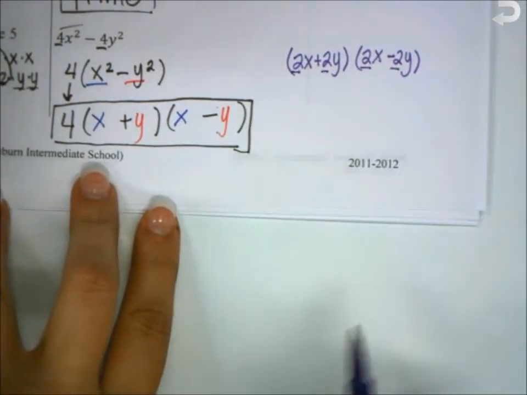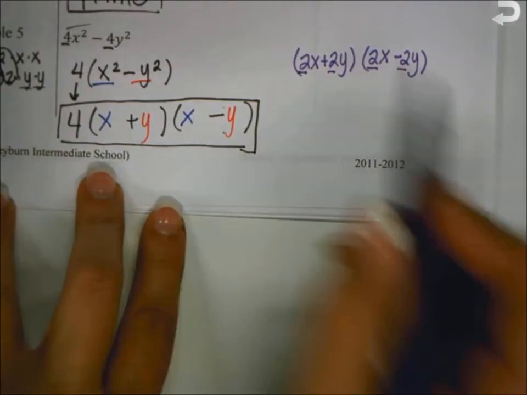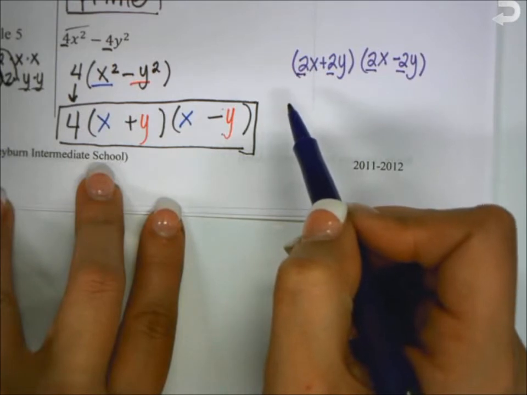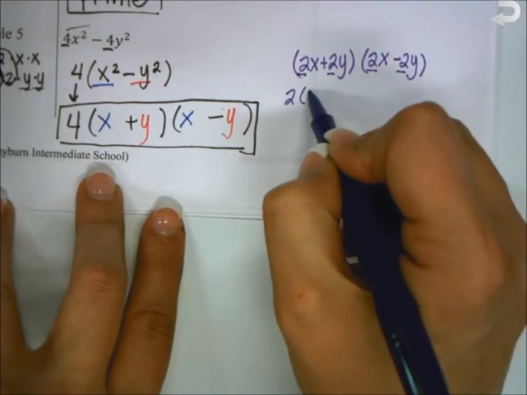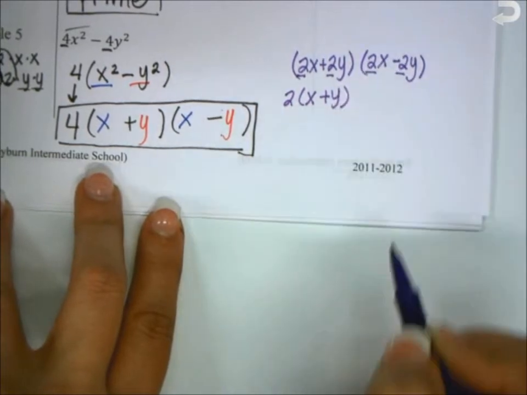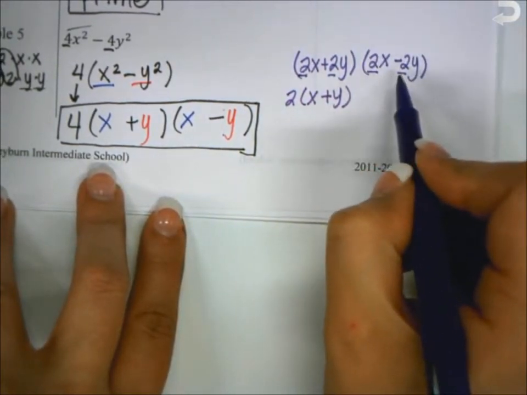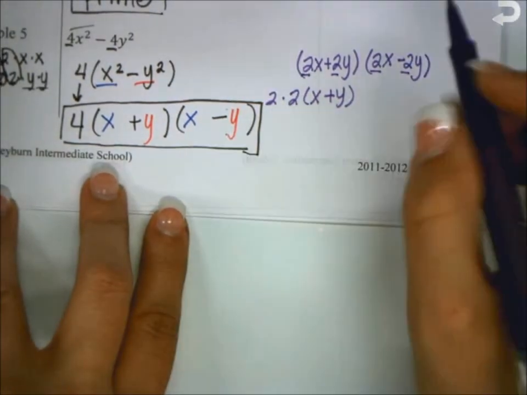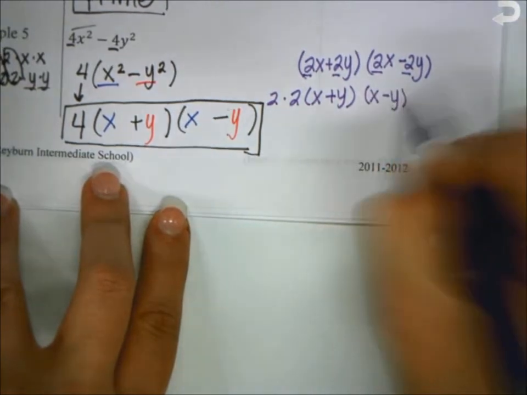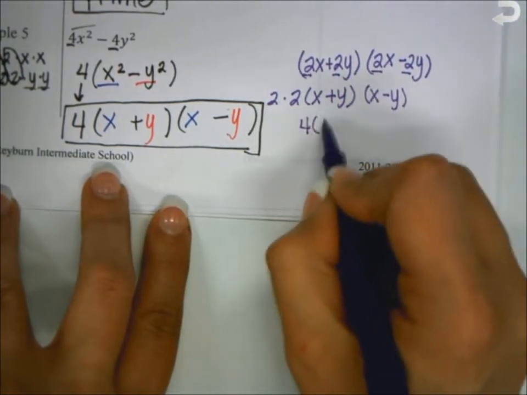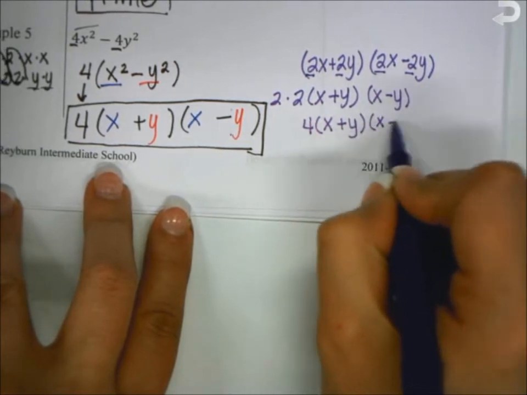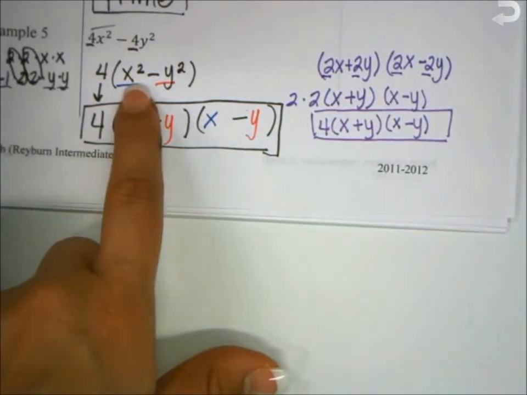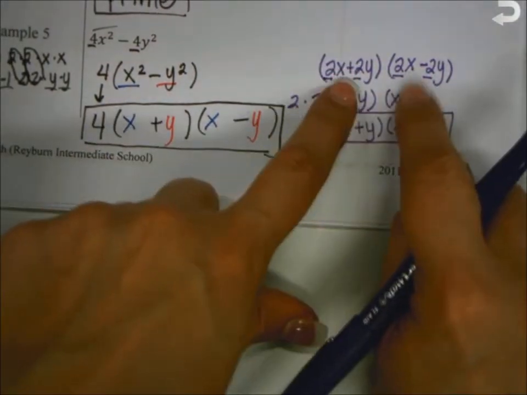And does this one have a GCF also? Yeah, what is it? It's 2. So we would multiply those 2 together, correct? X minus y. What's 2 times 2? 4. So you would get the exact same answer. It's easier to pull out the GCF first. Not factored completely means we can't break it down anymore at all. We can still pull out a GCF from each of these parentheses, which is why this is not a complete answer. Okay?